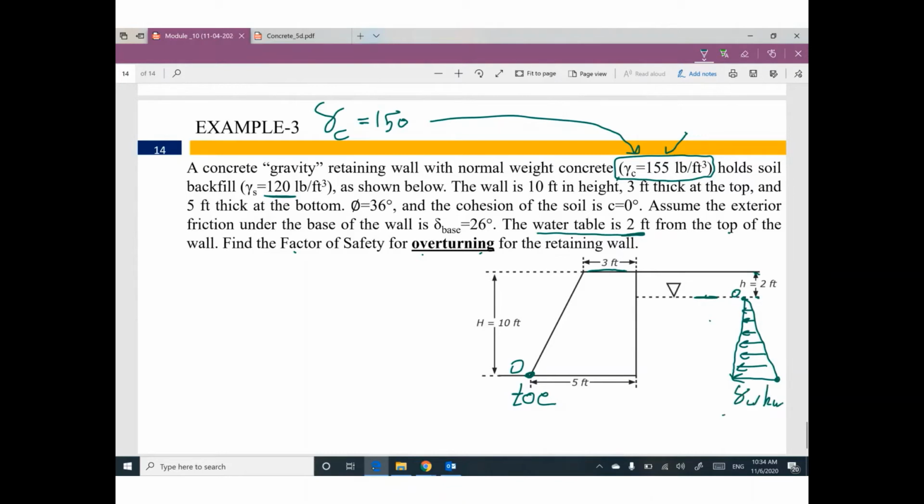Gamma water 62.4, H water only will be 8 feet. Do you know how? The total height is 10, subtract 2 feet, then this height will be 8 feet. This lateral pressure will be 62.4 times 8, 499.2.